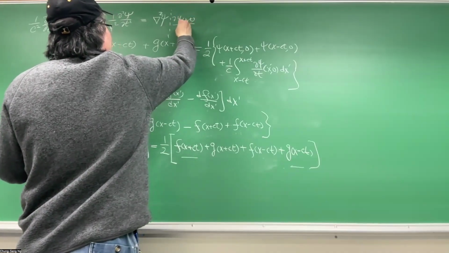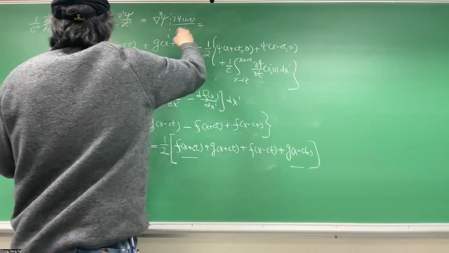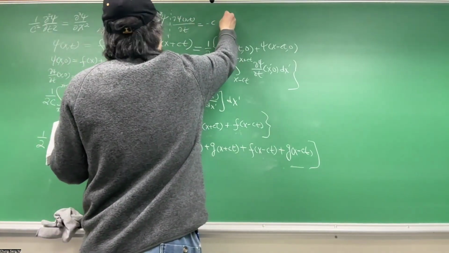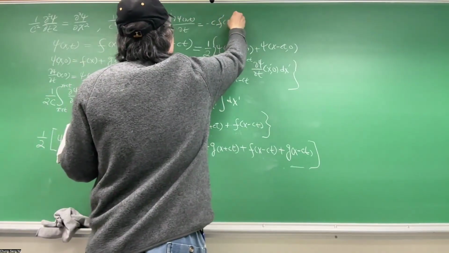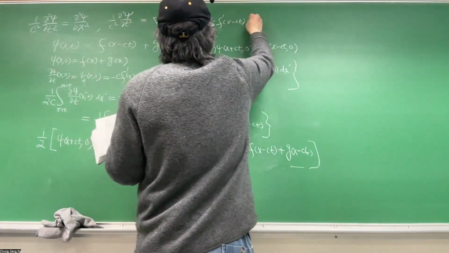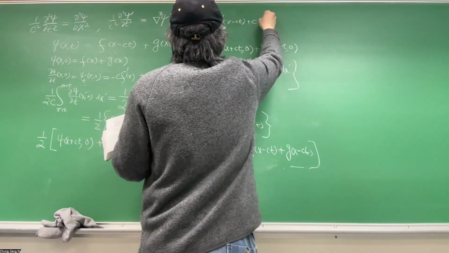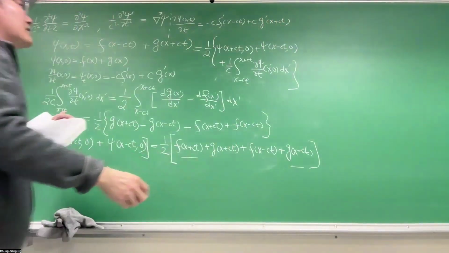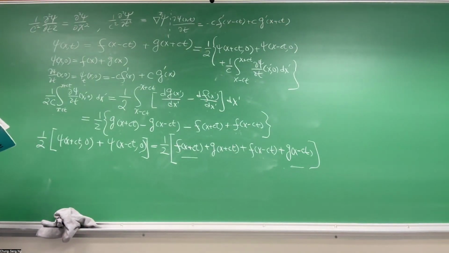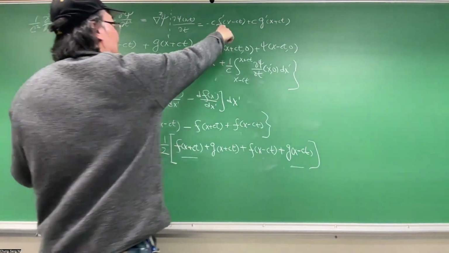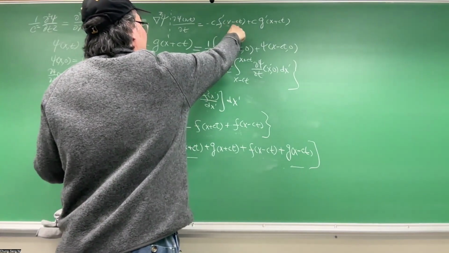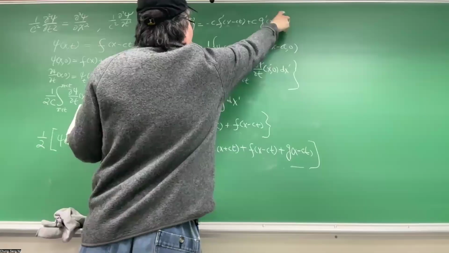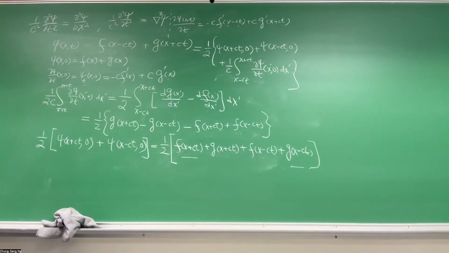Before you set it to 0, that is given by this one: minus c f prime at x minus ct plus c g prime at x plus ct. The prime means taking a derivative with respect to the argument of the function. The argument is x minus ct, or this one, the argument is x plus ct, so that prime is with respect to the variable.